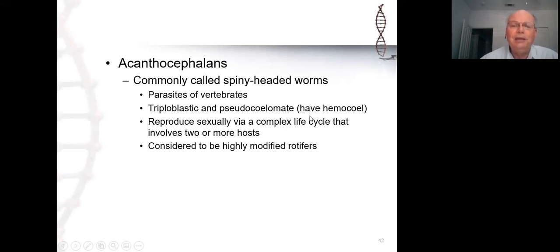They are pseudocoelomate. They have a hemocoel just like the rotifers, no surprise there. They reproduce sexually, and their reproductive life cycle typically involves at least 2 hosts, maybe more. So a pretty complex life cycle. And that's basically all you need to know about these.